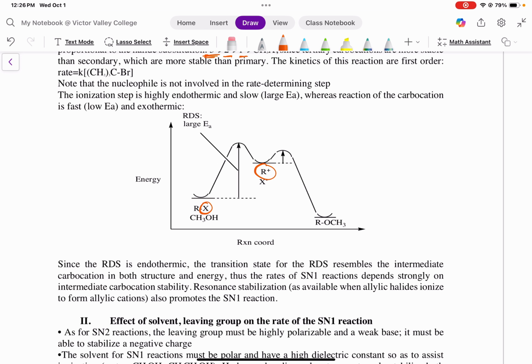Leaving group X can be a halogen like Cl, Br, iodide, also OTos or OTs. That's tosyl, okay? Those are the leaving groups, meaning they are taken off and then replaced by a nucleophile.